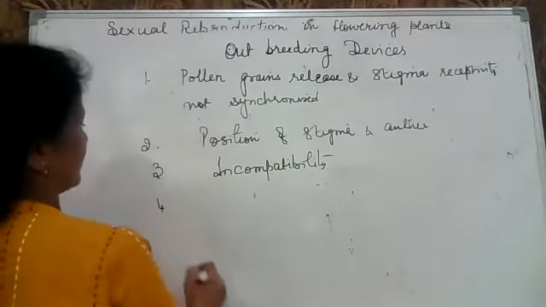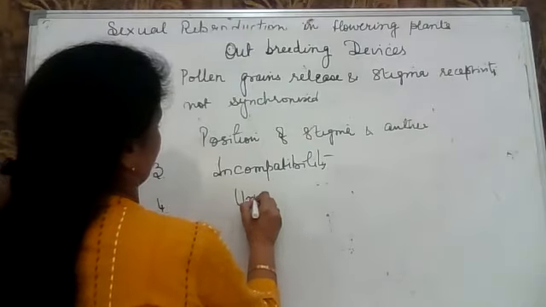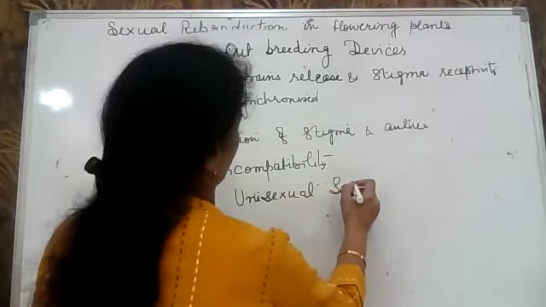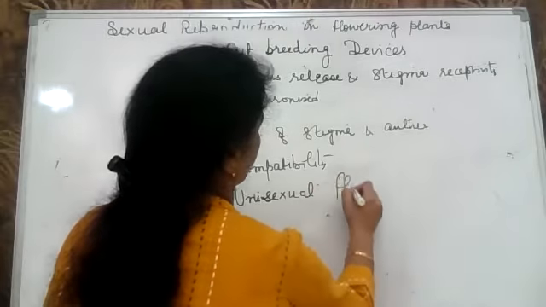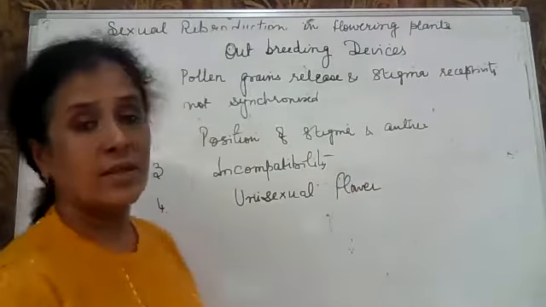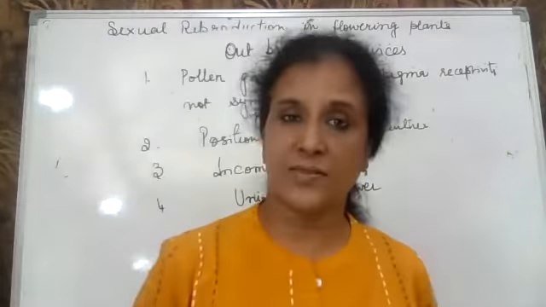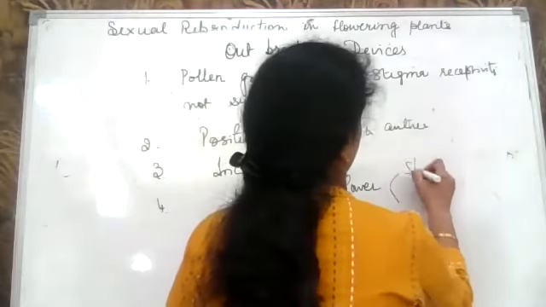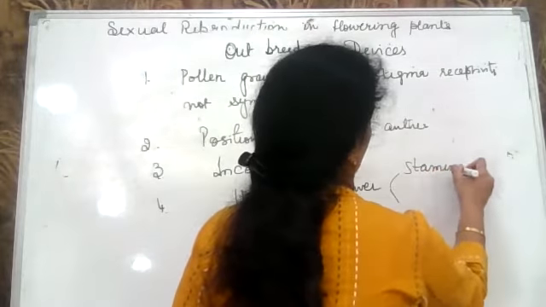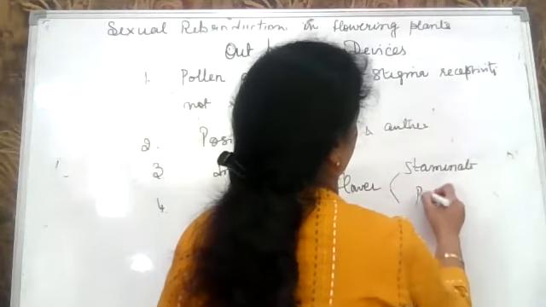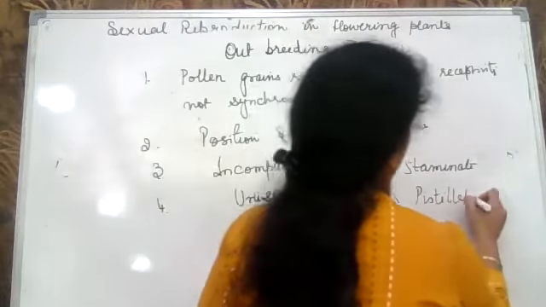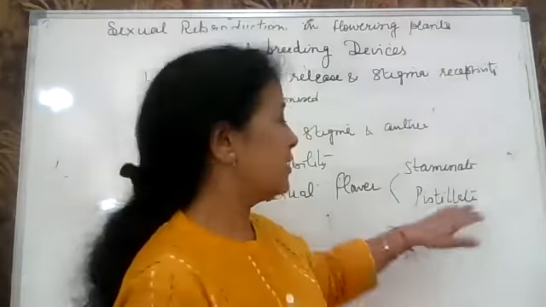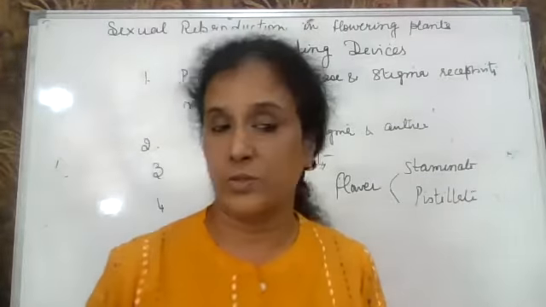Fourth one, unisexual flower. Unisexual flower means either the flower is staminate or pistillate. Staminate flowers will produce only the pollen grain. Pistillate flowers are going to produce only the female gamete.